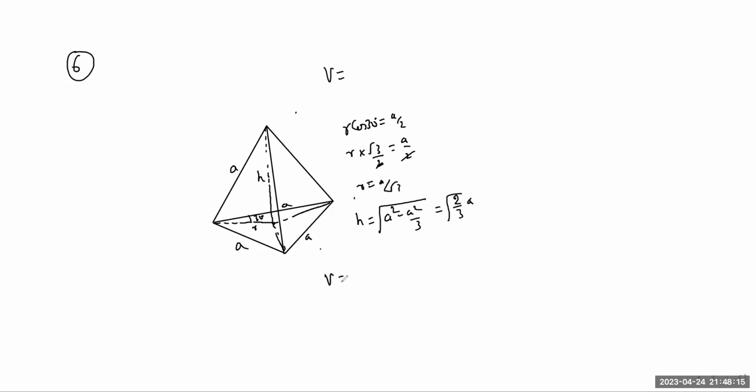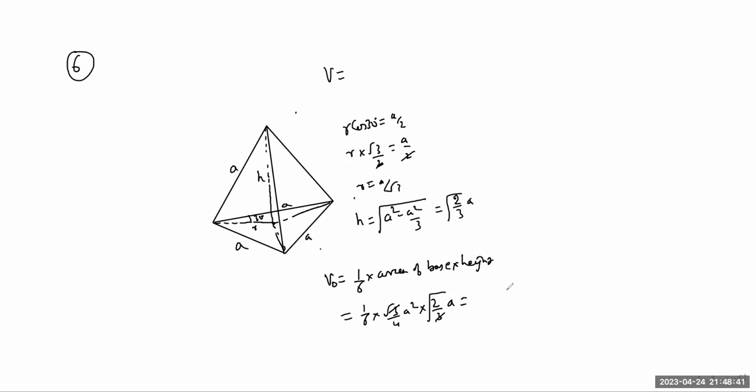And the volume of a tetrahedron is how much? Anyone knows the volume formula from vectors in 3D? It's the scalar triple product. So 1/6 of the area of the base into height. Root 3 by 4 A squared into root of 2 by 3 A into 1/6.